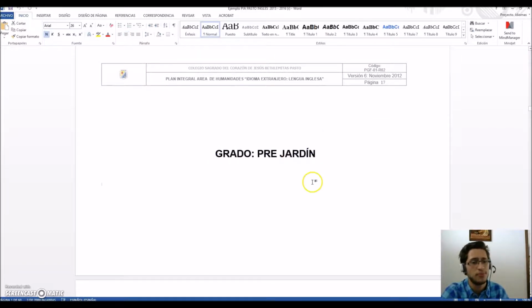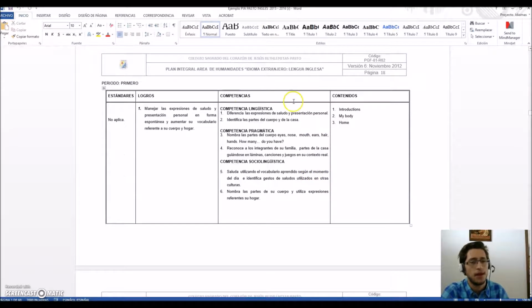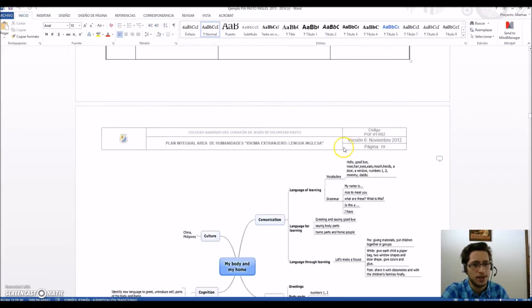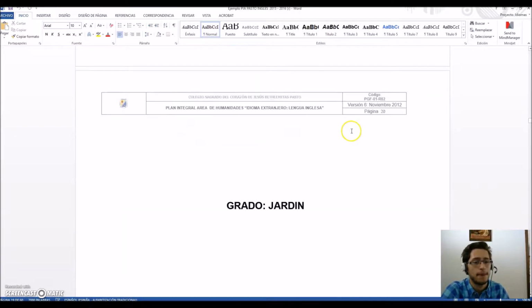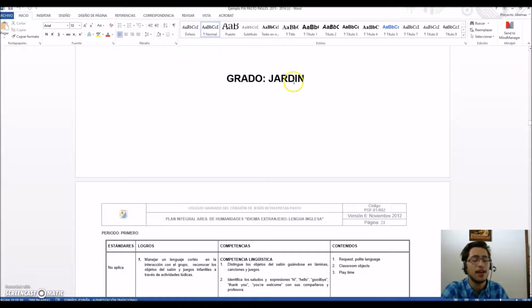So, grade, preschool, competences, standards, okay, and here you find the 4Cs. Do you see? It's a map, it's a mind map, but they are there. And they are developed in all of the years, all of the grades, all of the terms.